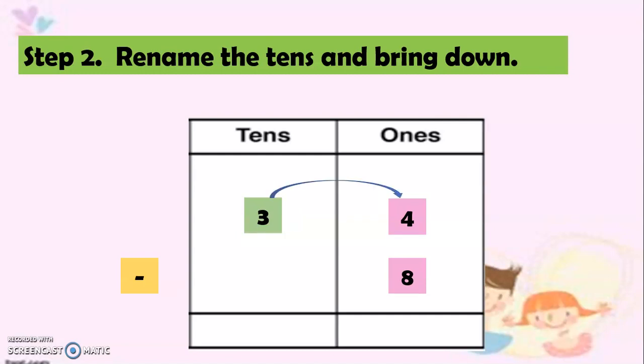So 4 will become 14 because we regrouped from the tens place. That's why 14 minus 8 is 6. And now 3 becomes 2. It is renamed as 2. And we will just bring it down. So we have the difference of 26.